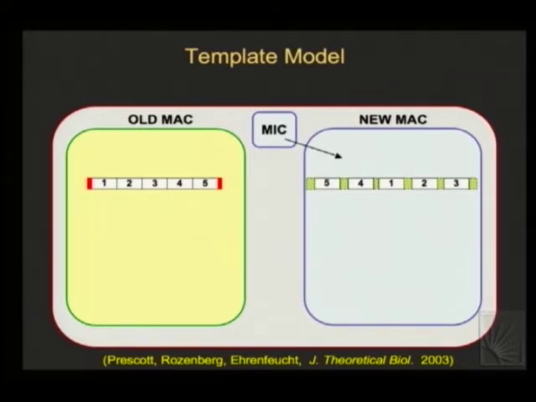was that templates might be providing the missing information. And by a template, we mean something like either an old relic DNA copy from the degraded parental macronucleus, or an RNA copy that could be providing this information as well.